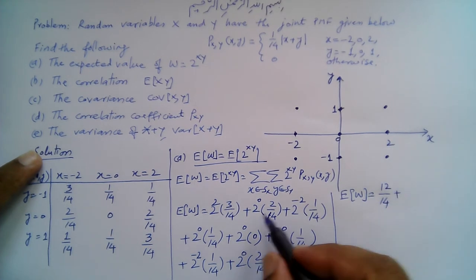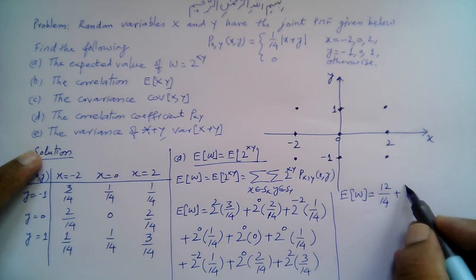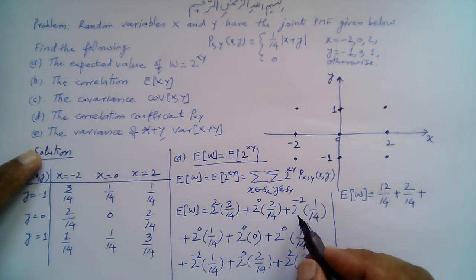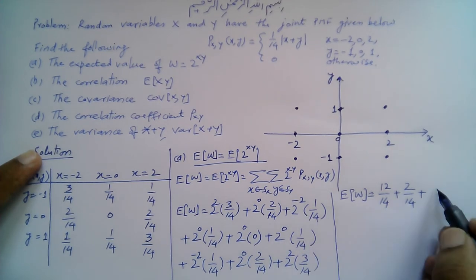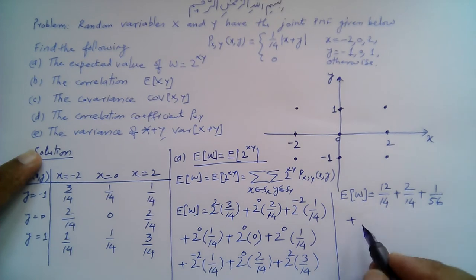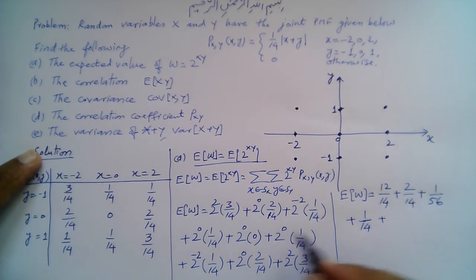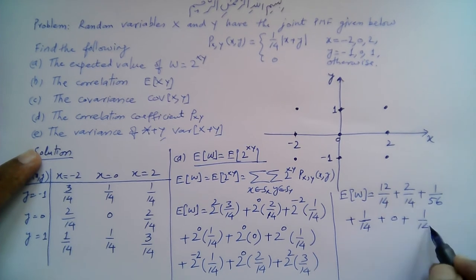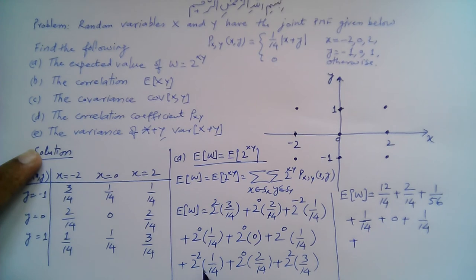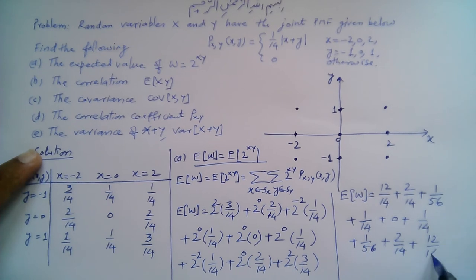And plus this is 2 raised to power 0 is 1, so this will be 2 over 14. 2 raised to power -2 is 1 over 4, so 1 over 4 multiplied by 1 over 14 is 1 over 56. 14 into 4 is 56, plus this is 1 over 14, plus this is 0, plus 1 over 14, and plus 1 over 56 here, right, plus this is 2 over 14, plus 2 into 2 raised to power 2 is 4 into 3, 12 over 14.